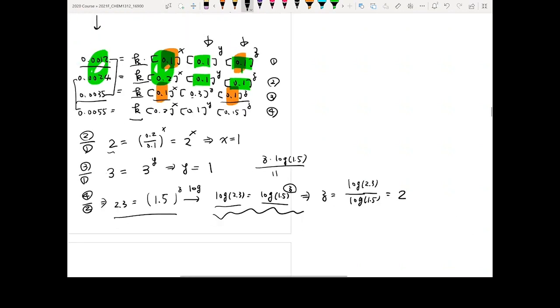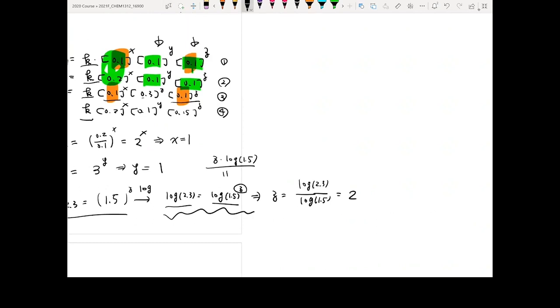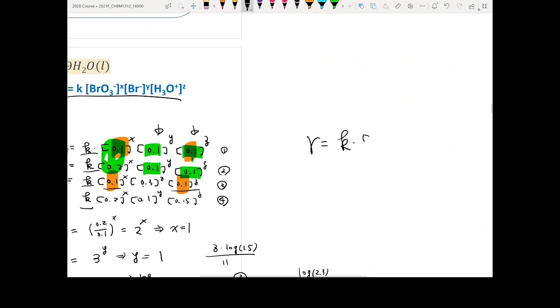Then once you have this, you can say your rate is going to equal k times, so this equals 1, that equals 1, and that equals 2. What is the overall reaction order? 4, right? What is the order for your Br minus? 1.